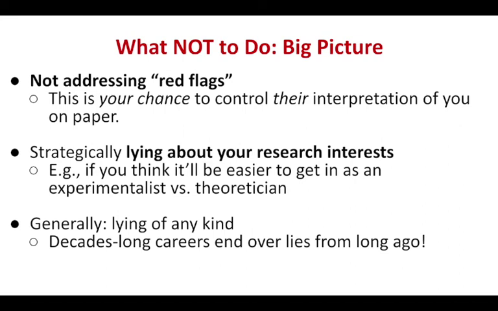This is a contentious one, lying about your research interests, because statistically, you may know that, for instance, it's easier to get into most grad programs. I shouldn't say easier. There are more people accepted generally to grad programs in, for instance, experimental condensed matter than in high energy theory, which is largely a function of things like grant money, how many people you need to run a lab, how many grants there are, and how many faculty there likely are.